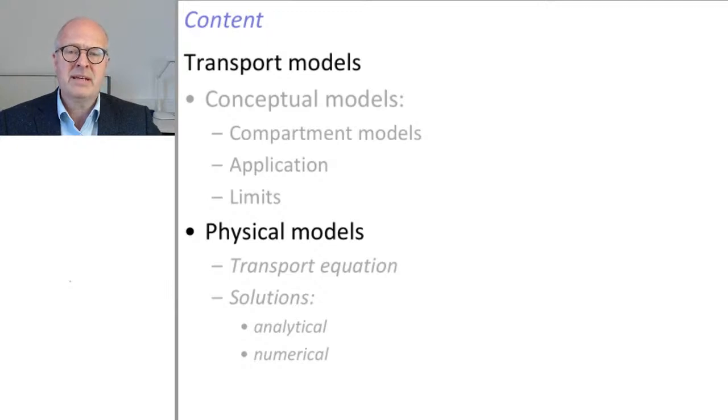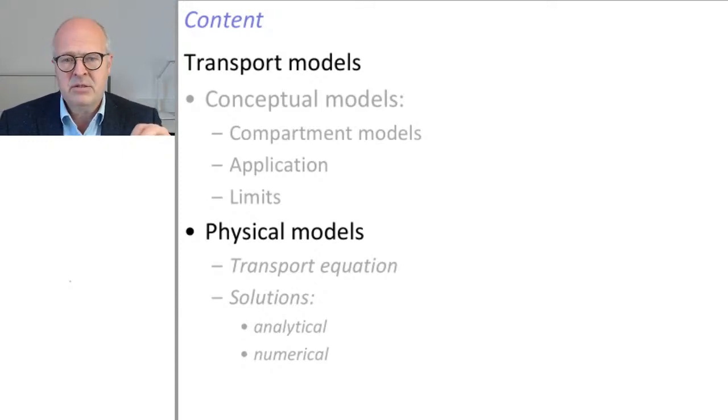Now, conceptual models have been developed for process engineering, basically by chemists, to simulate what happens with substances that you have in containers, in tubes, in pipes. So to be able to calculate the concentration, but also the travel time, transit time, residence time of these substances in a chemical factory, basically.